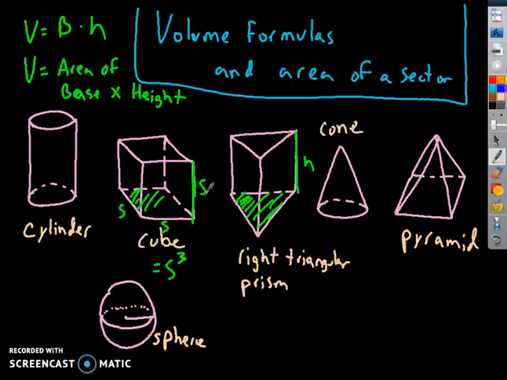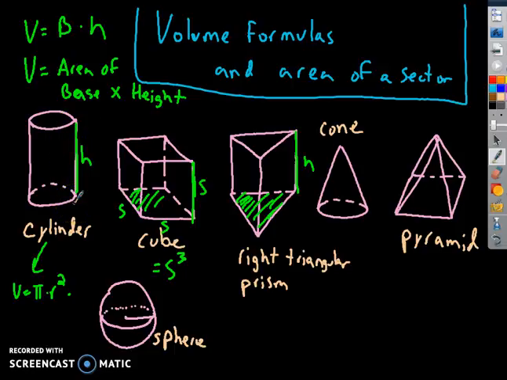And for the cylinder, the general form of the volume is area of the base times height. To be more specific, the base is a circle, so its area is pi times radius squared, times the height. The height would be like the height of a Coke can.